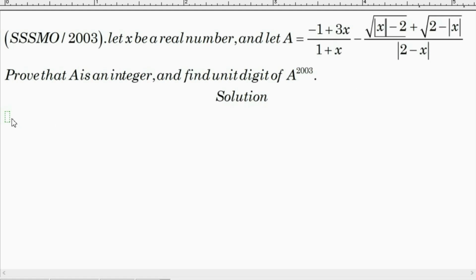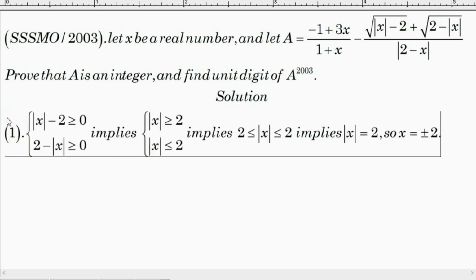So the conditions must be like this. The first condition we consider for the numerators, and the second condition we consider for the denominator here. So now look at the first condition.